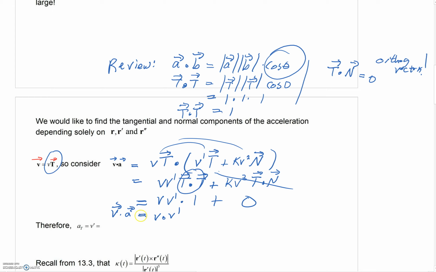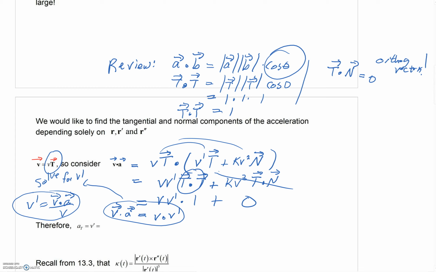And right now I'm going to take this and ask, what if we solve for v prime? If we solve for v prime, that would be saying that v prime is the velocity vector dot producted to the acceleration vector divided by v. That's really where we're going. I'll tell you why we wanted that.